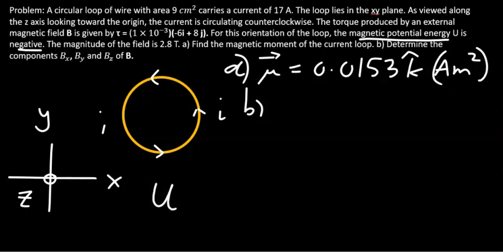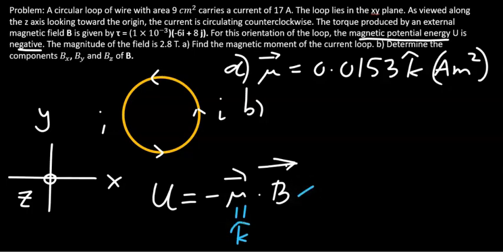Since the magnetic potential energy is given as minus the dot product of the magnetic moment vector and the magnetic field vector, and since mu is in a direction of purely k hat, B could have all three components, but the fact that the energy is negative tells us that the z component of the magnetic field has got to be a positive number.